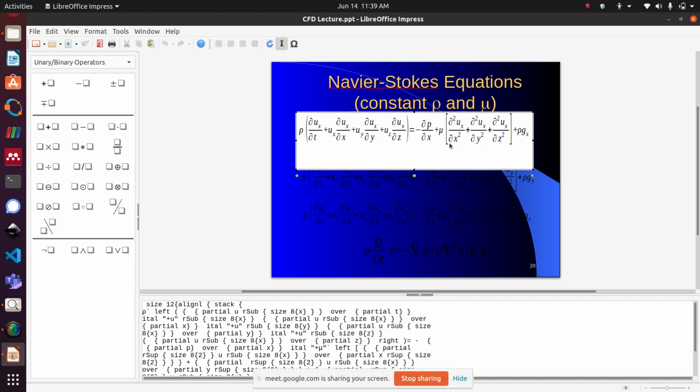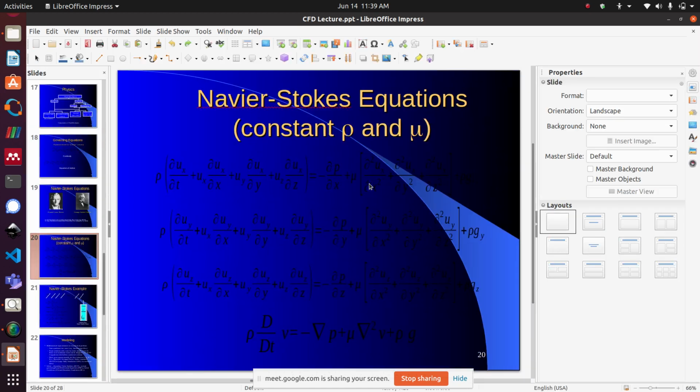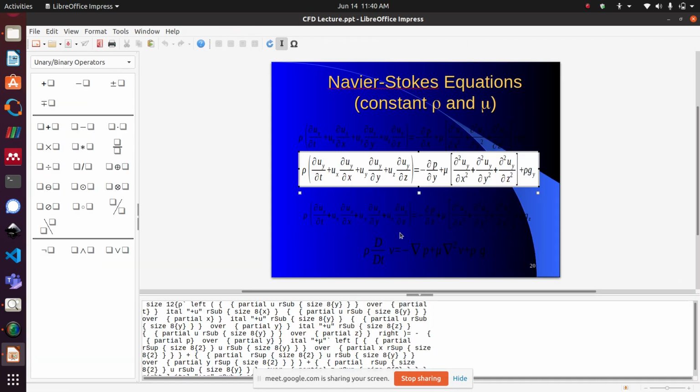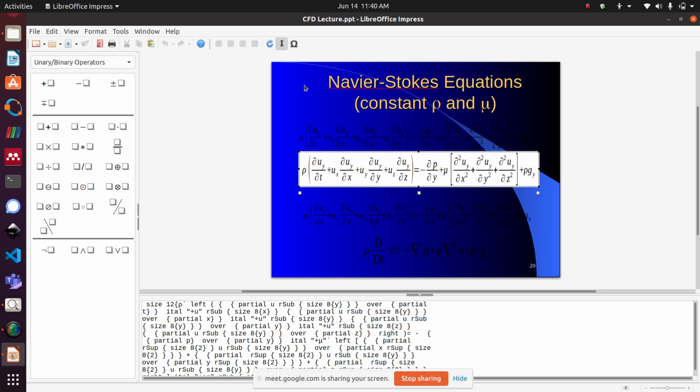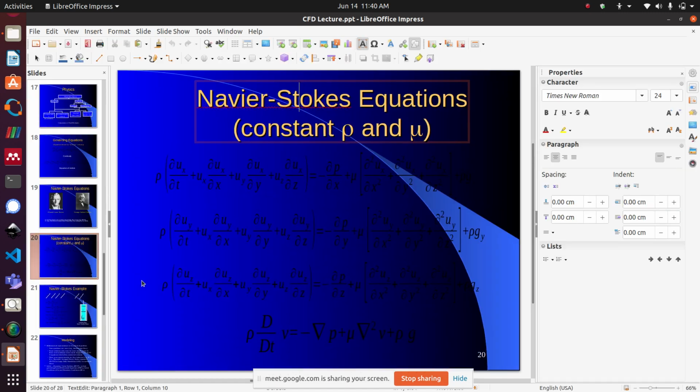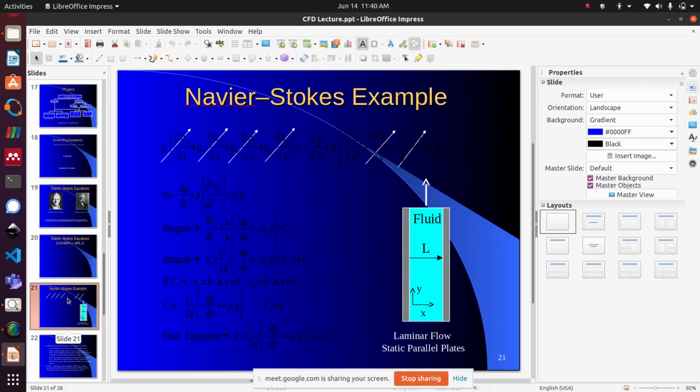Mu multiplied by the second derivative of the velocity component in each direction, multiplied by body forces. Same equation in y direction and z direction. Let's move on.